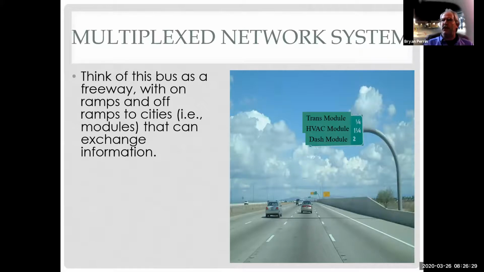That wouldn't be efficient. A lot of modules don't care what a particular command is. So my commands are going to be addressed to who needs that information. For example, how much fuel I have in the tank is probably really important to my engine control module, but might not be as important to my transmission control module.